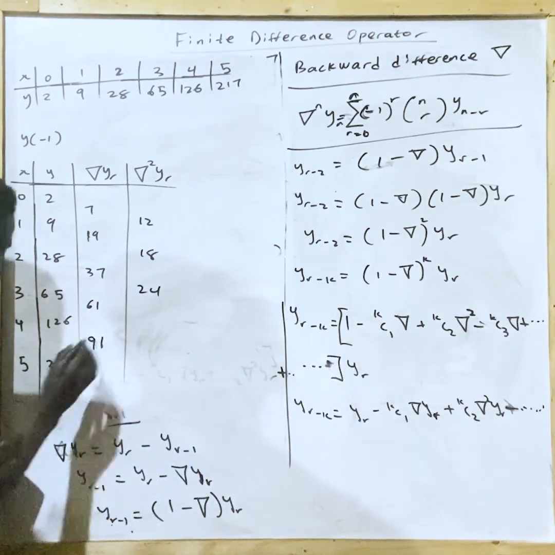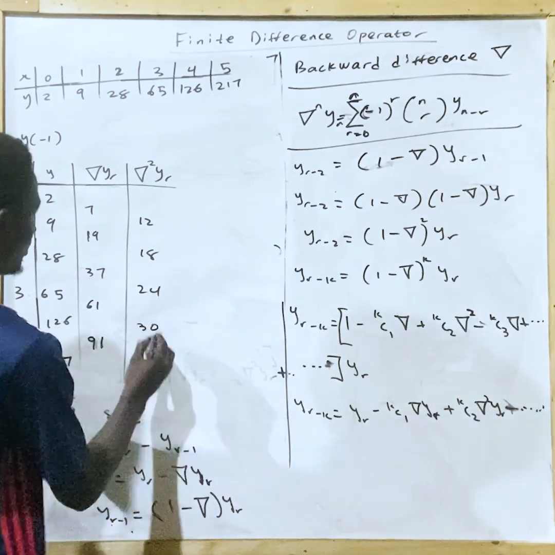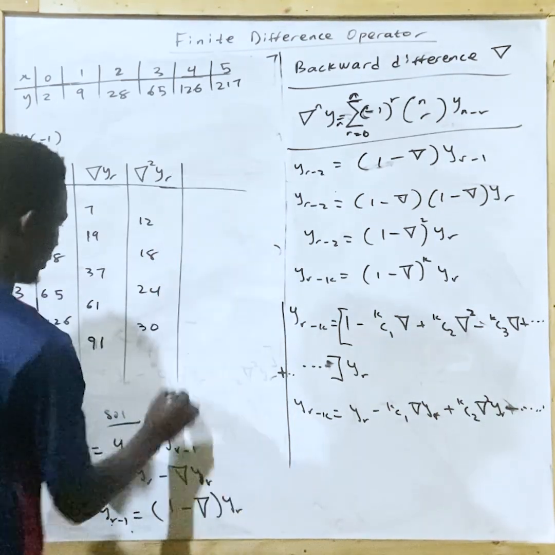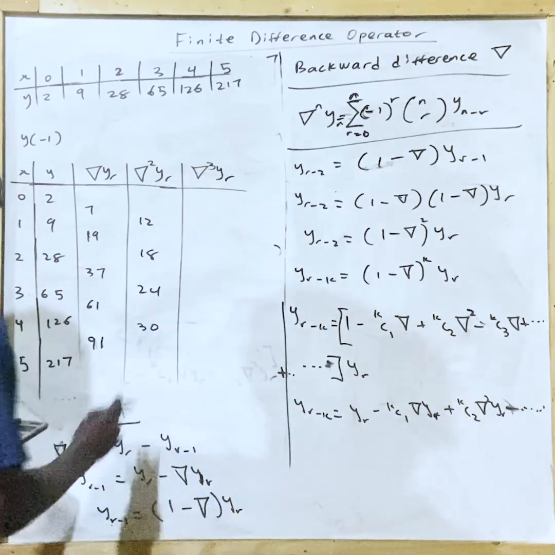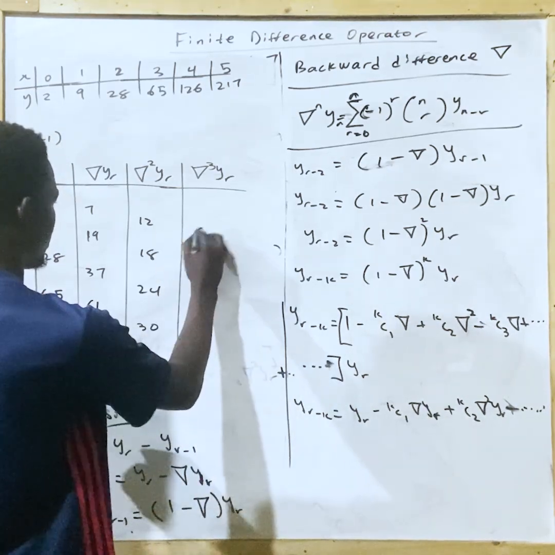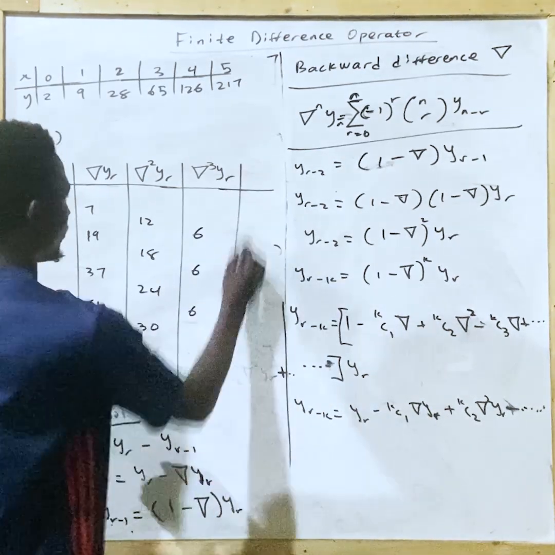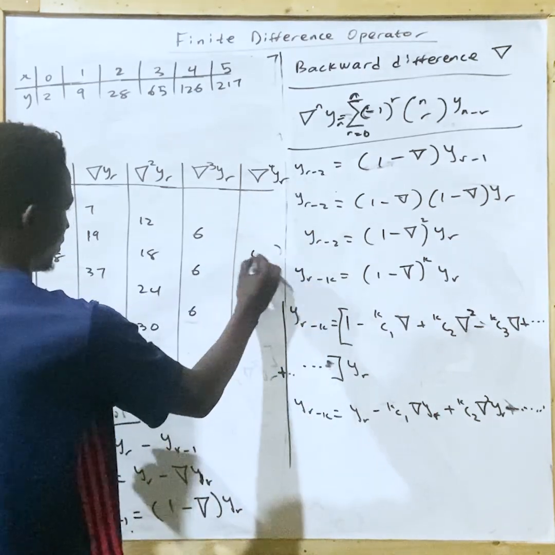Then 91 minus 61 is 30. If you do this again, this gives you 6, 6, 6. If you go one further, this will give you 0, 0.